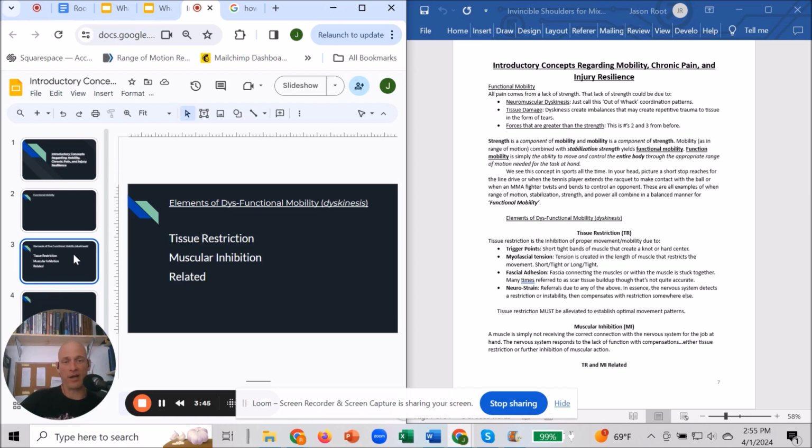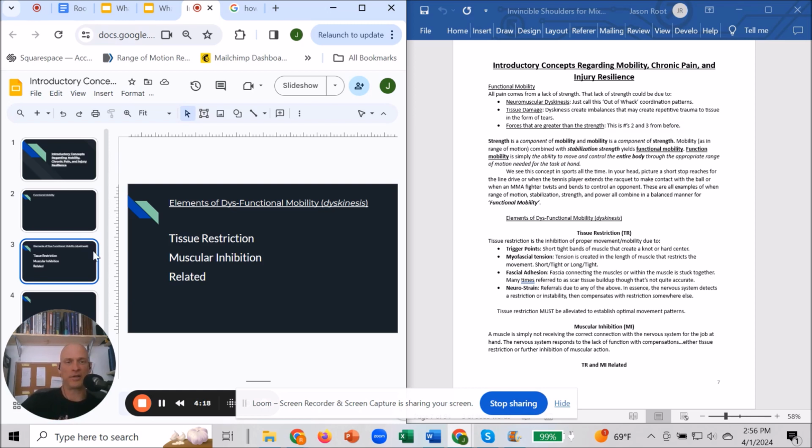And then we have muscular inhibition, which is simply a disconnect between the nervous system and the muscular system, meaning the nervous system isn't quite firing a particular muscle or muscle group. So it's not getting that coordination that we're looking for. And the relationship between the two is that a lot of times muscular inhibition will end up causing tissue restriction in another area.